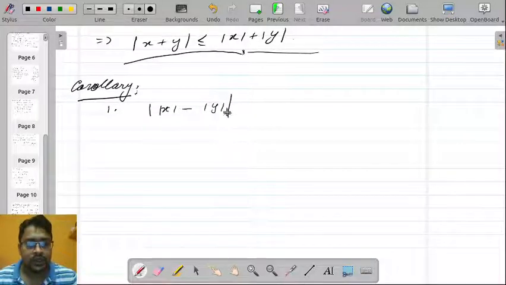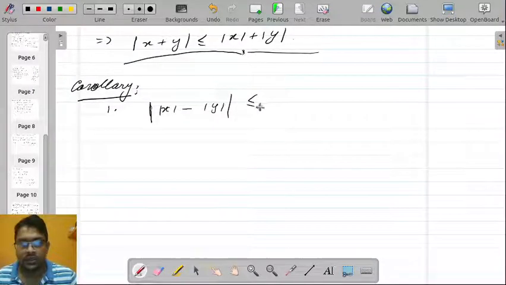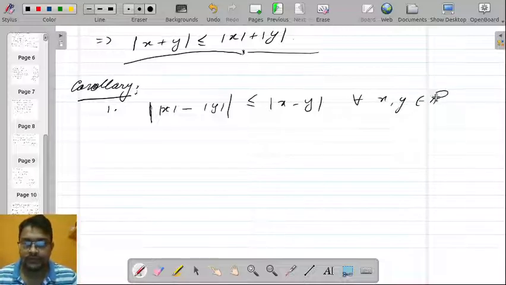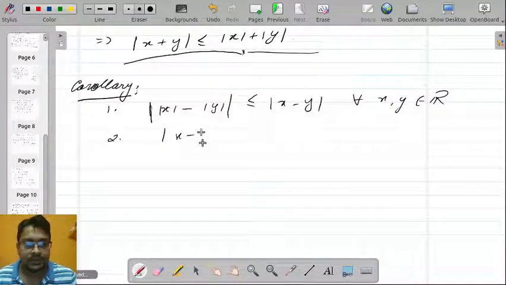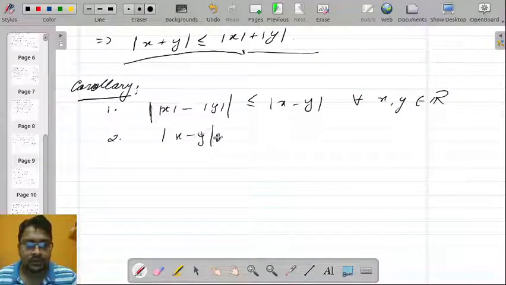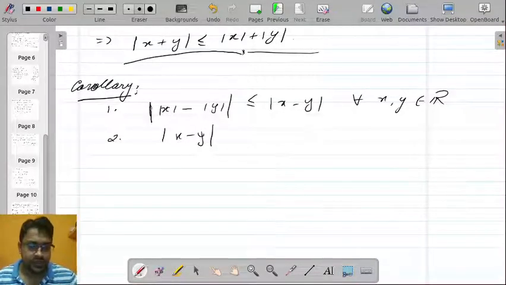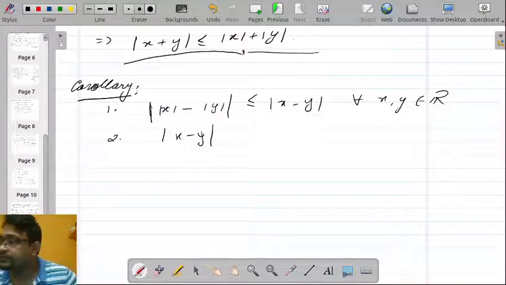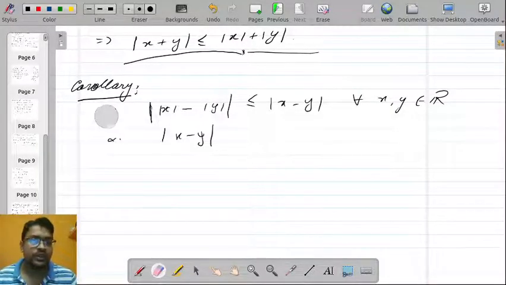Okay, consider mod x minus mod y and then again take mod, this is less than or equal to mod of x minus y, for all x, y inside R. I should have done the other one first, which is actually straightforward. Let us do that first.